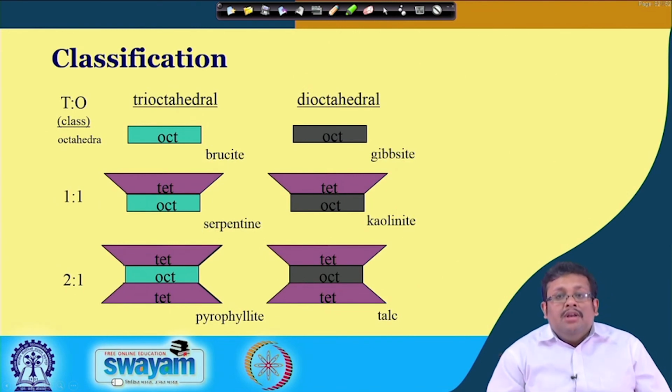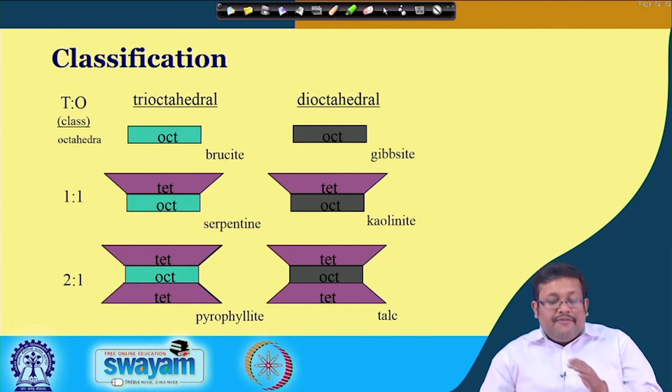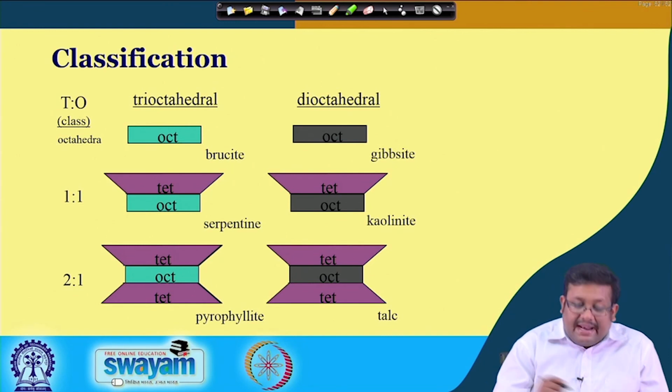So, based on these 1:1 layer or 2:1 layer, and whether it is trioctahedral or dioctahedral, you can differentiate the soil clays into the following categories.